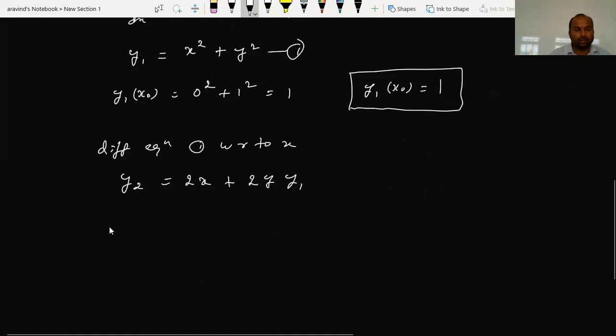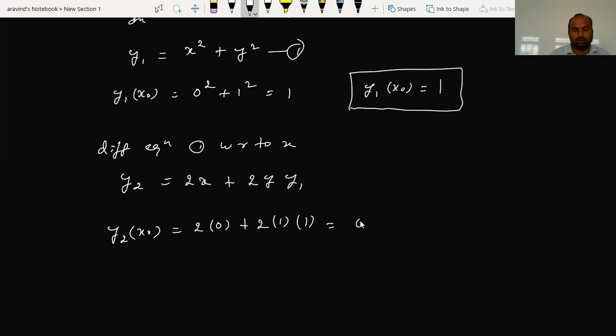Next, y2 at x naught. So what is y2 at x naught? That is x naught is 0, plus 2 into y, means y naught is 1, and y1 is just now we got, that is 1. So therefore this will be 0 plus 2. So we got 2. Therefore y2 of x naught is 2.